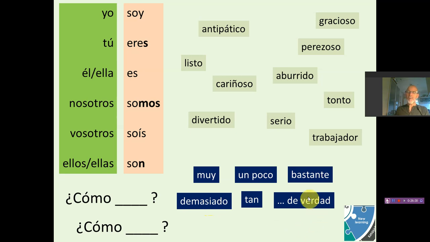And what I'd really like you to focus on today, because I'm hoping you probably know these, is a really nice intensifier, which is slightly odd, and I'll explain why. If you say de verdad, verdad is to do with truth or true, and de verdad means truly.